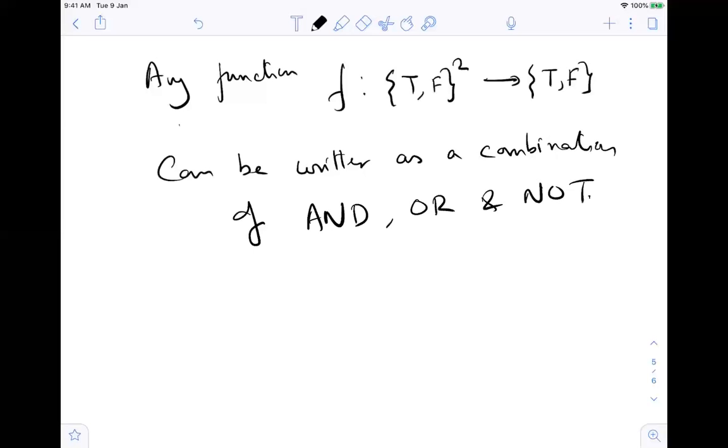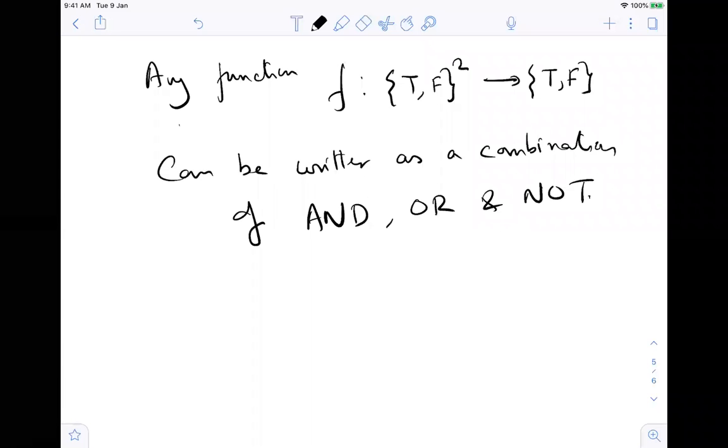Okay, so think about it. By the end of this lecture, you will see some hints about how you can go about proving this particular thing.